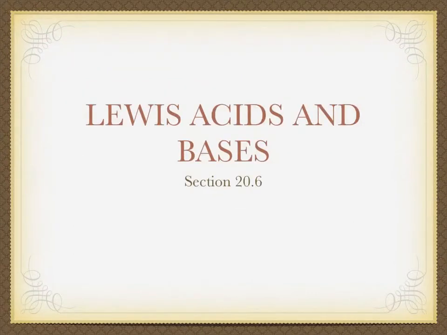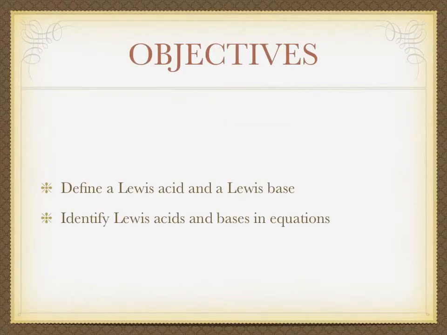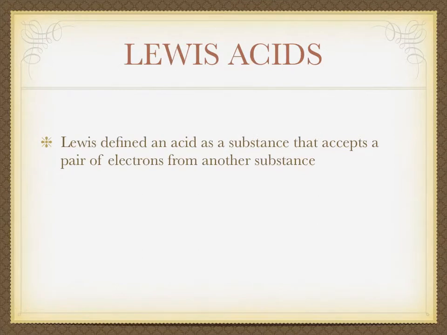So that's the end of the Bronsted-Lowry acids and bases. Let's briefly talk about Lewis acids and bases, so you can define and identify them. The Lewis definition is a little bit broader yet, but he defined an acid as a substance that accepts a pair of electrons.